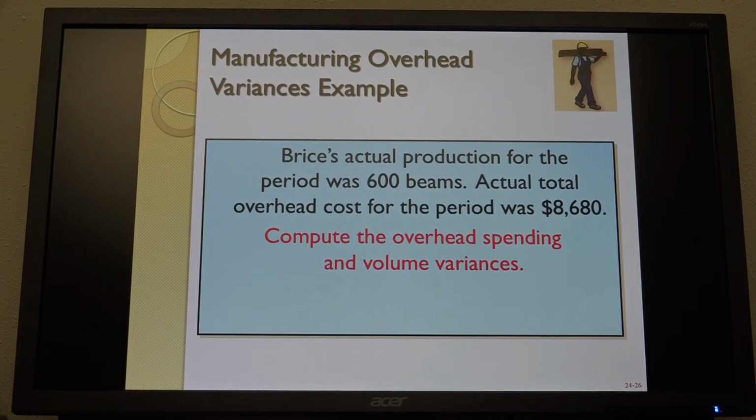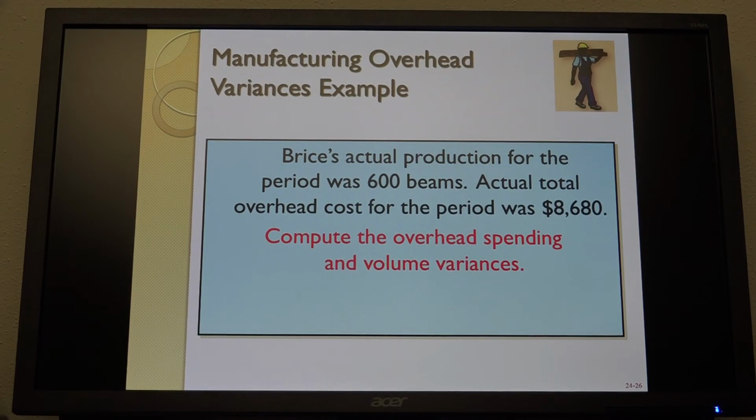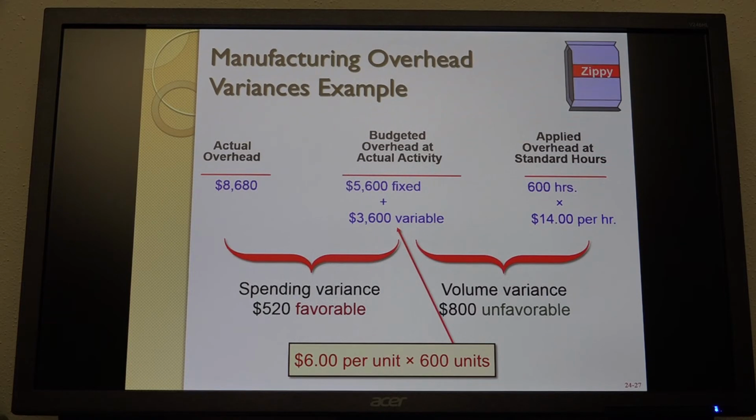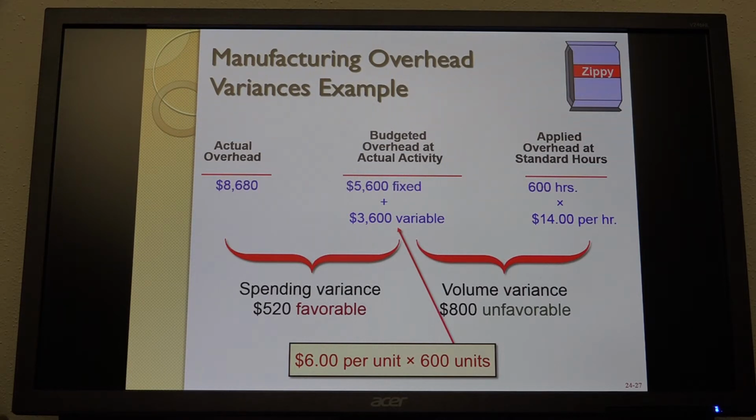Back to our example, Bryce's actual production for the period was 600 beams. Actual total overhead cost for the period is 8,680, and it asks us to compute the overhead spending and volume variances. To the left you've got your actual overhead, and in the middle, budgeted overhead at actual activity.